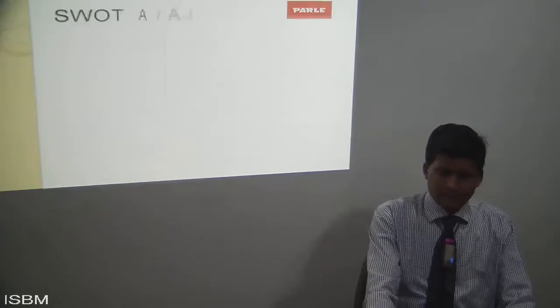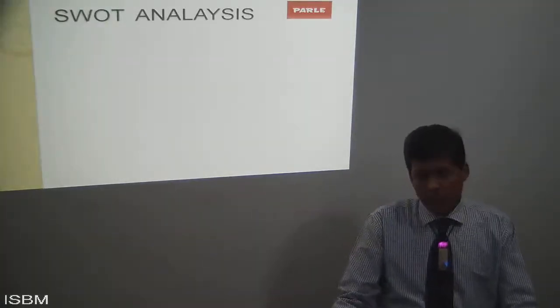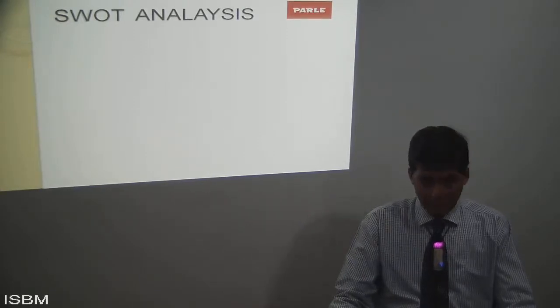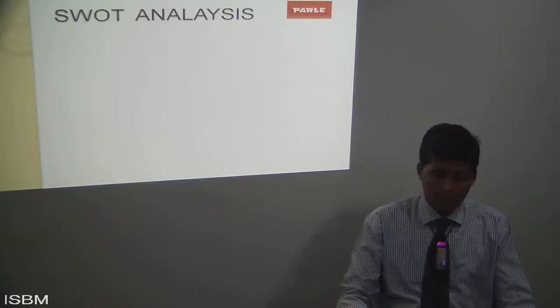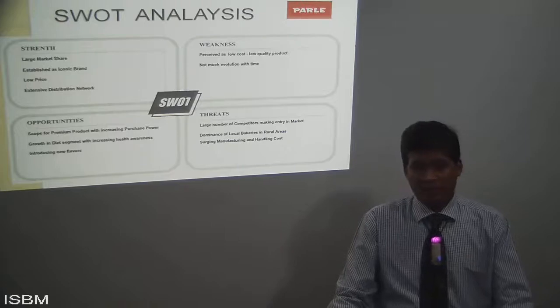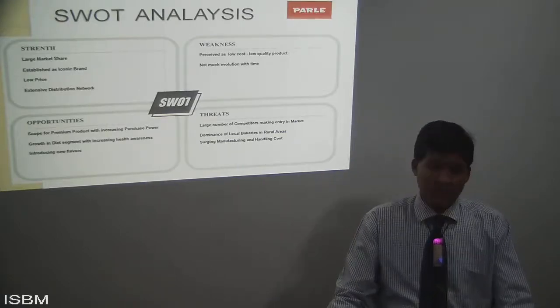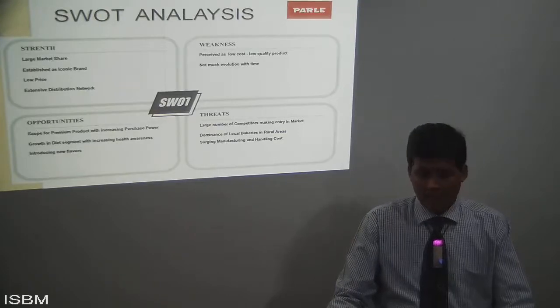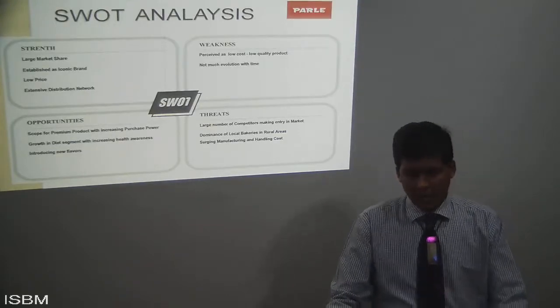So when we do a SWOT analysis of the organization, meaning strength, weakness, opportunity and threat analysis, this comes into picture. And this is a very, very interesting slide. If you see the strengths of the company, Parle has a large market share.